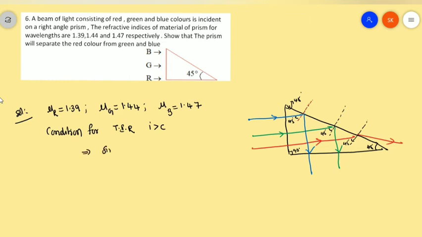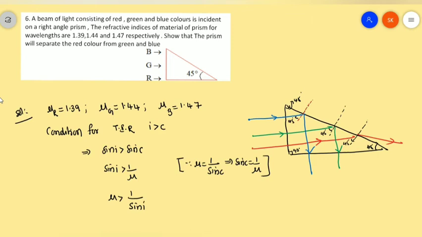Then we write sin I greater than sin c. We write sin c as 1 by nu, because we know nu is equal to 1 by sin c. We substituted this here, nu taken to the left side and sin I taken to the right side.